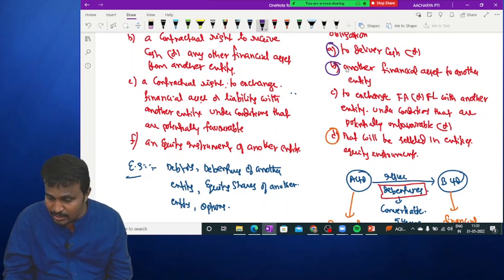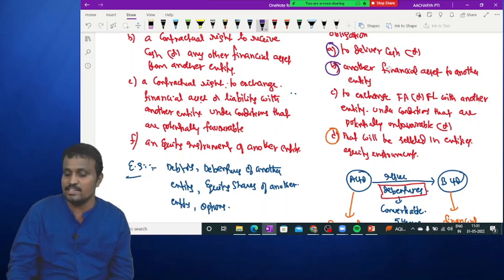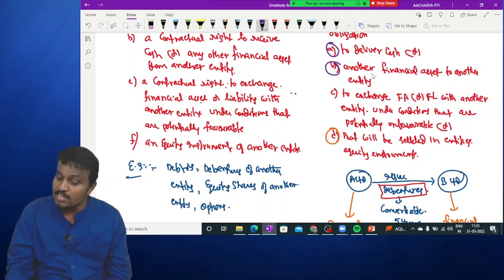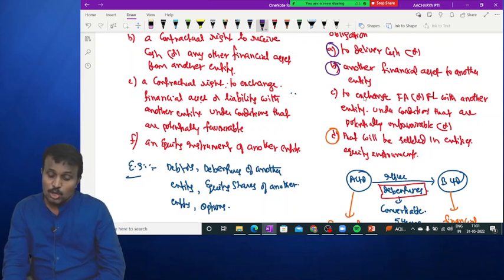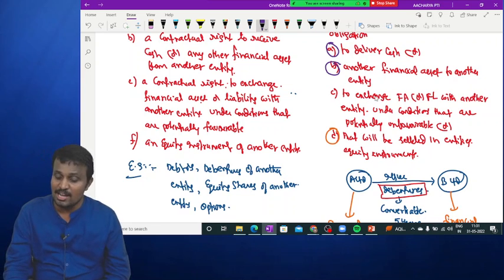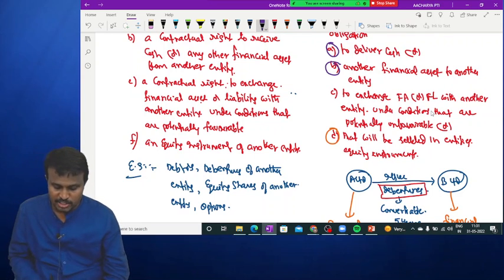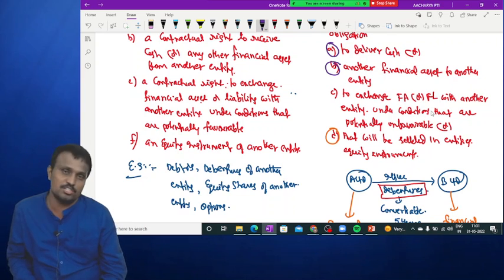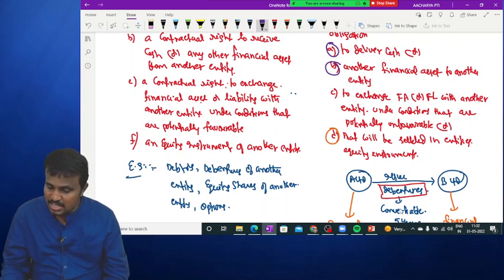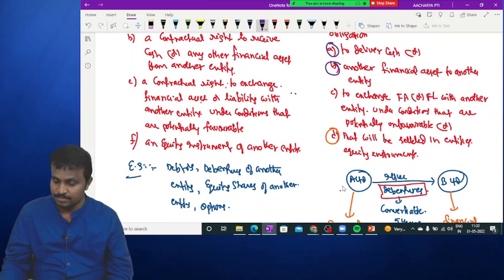So it is a delivery of cash to another entity, or delivery of a financial asset to another entity, or to exchange financial assets or liabilities with another entity under conditions that are potentially unfavorable. And the last one is that it will be settled in the entity's own equity instrument. The best example is in case of conversion.